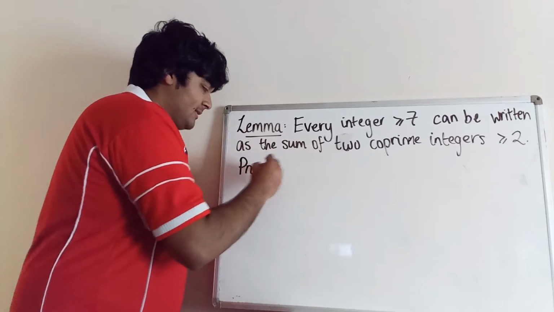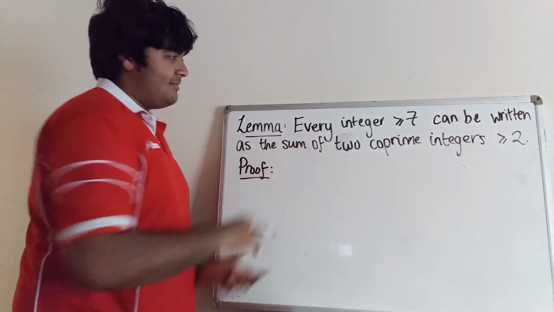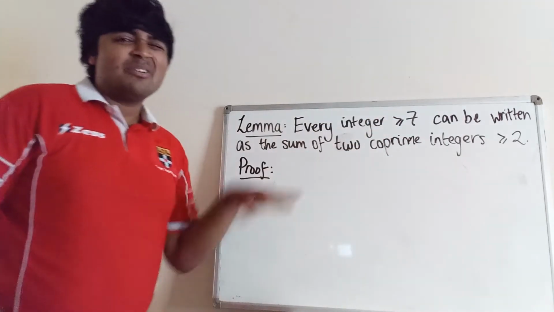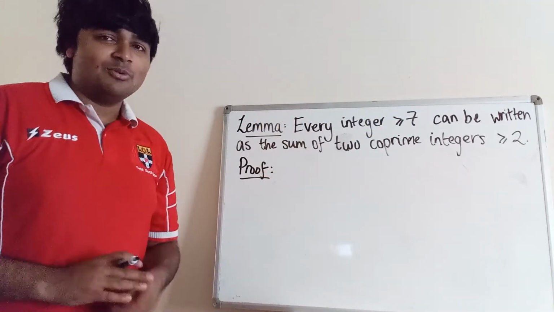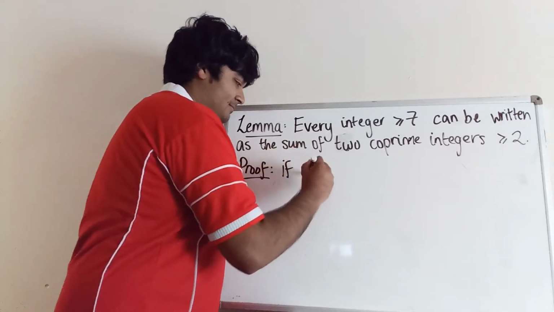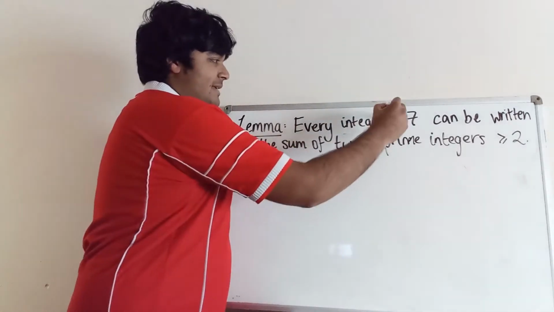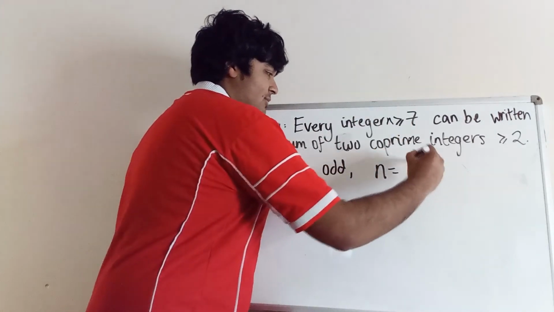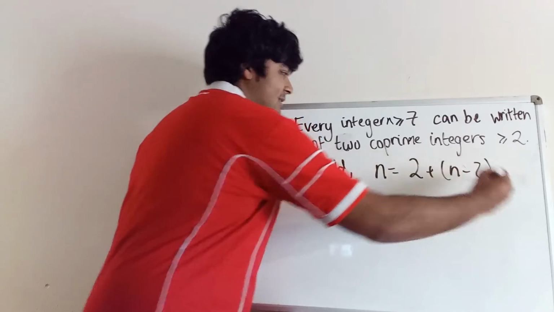So proof. One thing you might ask is why do we care about being bigger than or equal to 7? Well, that's just to ignore some very small cases. But anyway, proof: let's say the integer you give me is n. If n is odd, then n is just equal to 2 plus n minus 2.